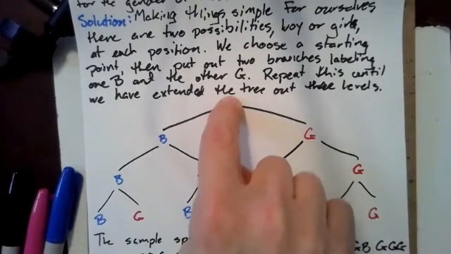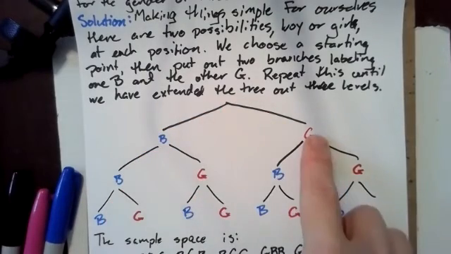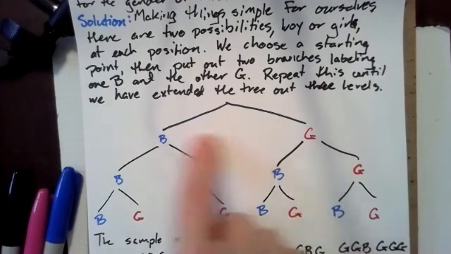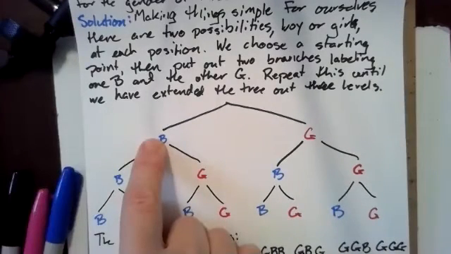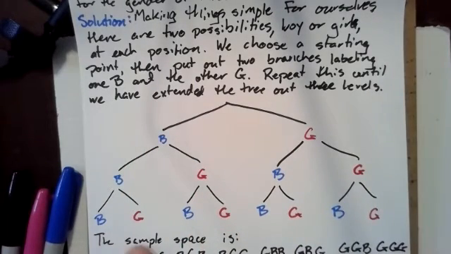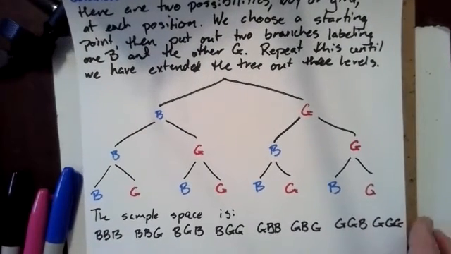So I start up here, going to the left, I have B, a boy, going to the right, I have G for a girl. And I repeat this process at every intersection, at every outcome point, until we've gone down 3 levels. So we find the sample space is BBB, BBG, BGB, BGG, GBB, GBG, GGB, GGG. Basically, boy, boy, boy, boy, boy, girl, and so on.